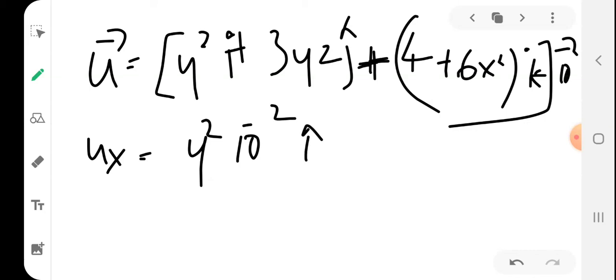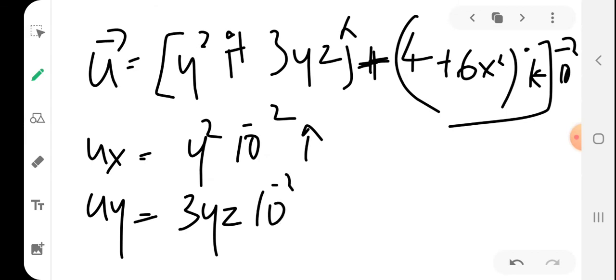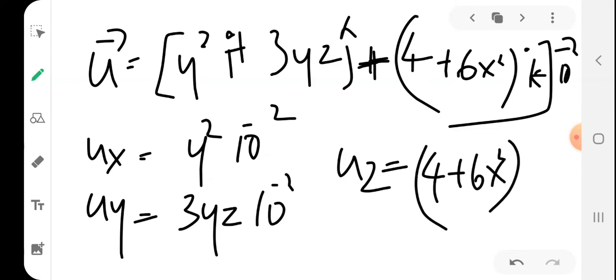Uy is nothing but 3yz into 10 raised to minus 2. Uz is nothing but (4 plus 6x square) into 10 raised to minus 2. So 10 raised to minus 2 is constant, so don't worry about that constant. So these are the values of the components ux, uy, and uz.